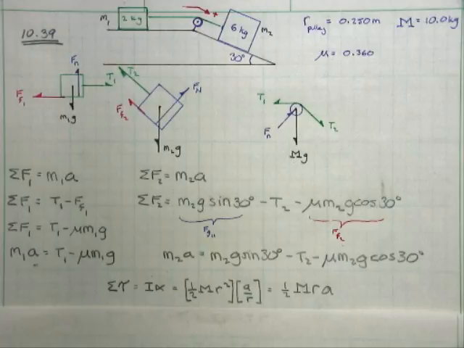And rather than write alpha, the angular acceleration, I'll write that in another form, a over R. All of that reduces down to 1/2 big M R times a, the acceleration. And that's the acceleration for the whole contraption: the 2 kilogram block, the tangential acceleration of the pulley, and that 6 kilogram block as it slides down the incline.